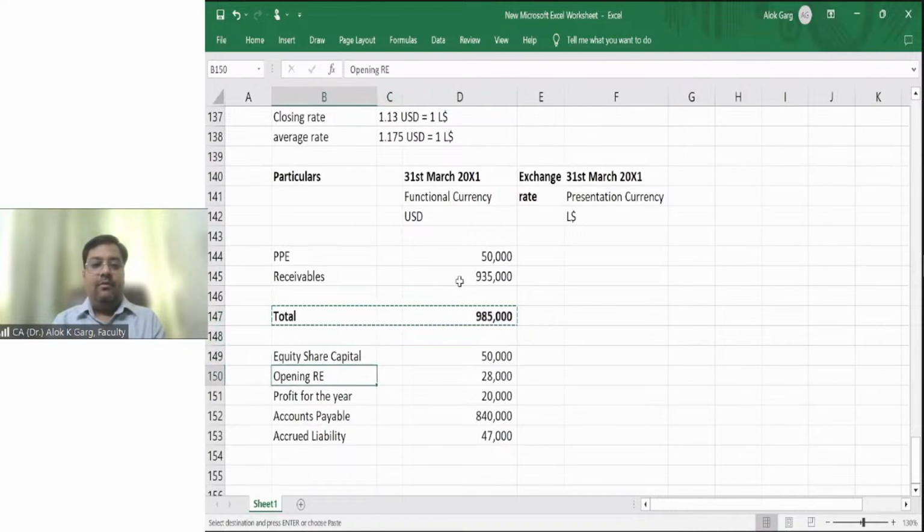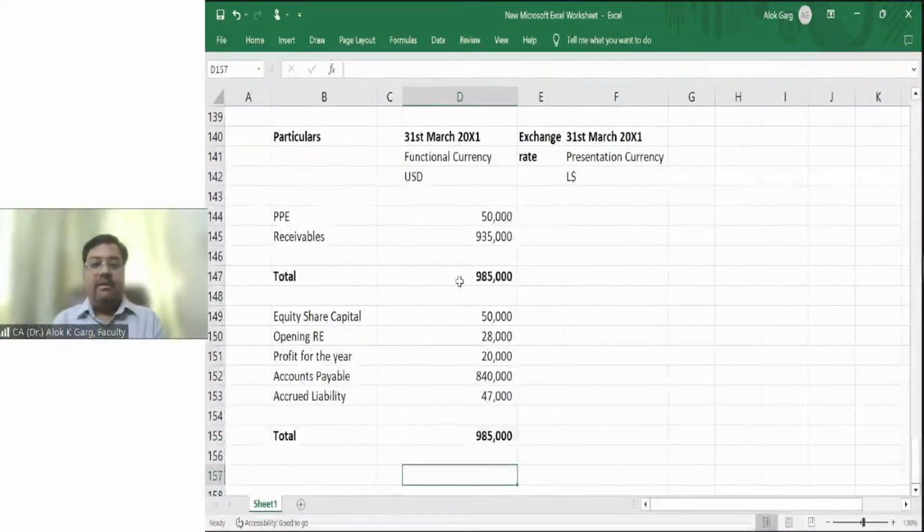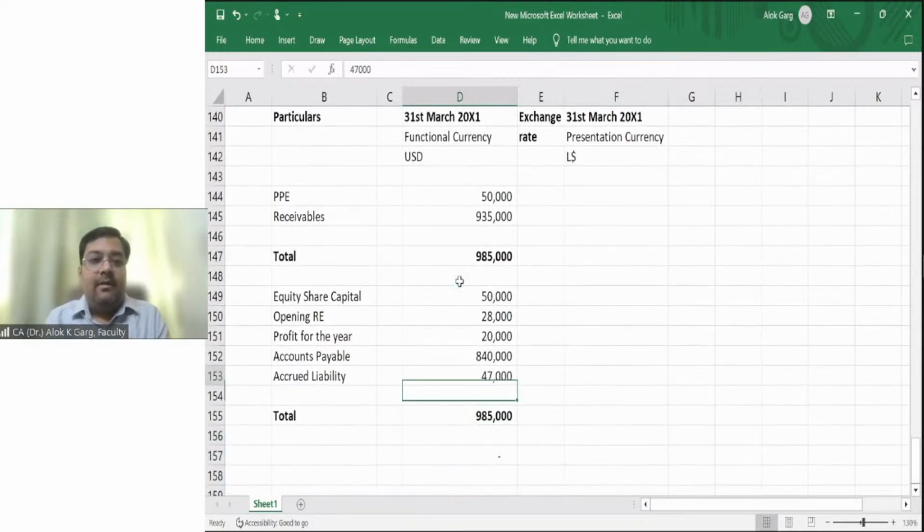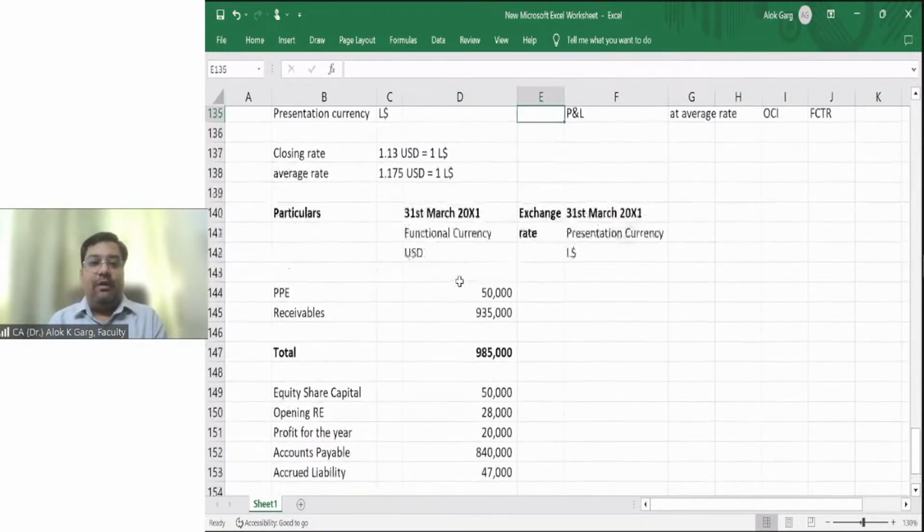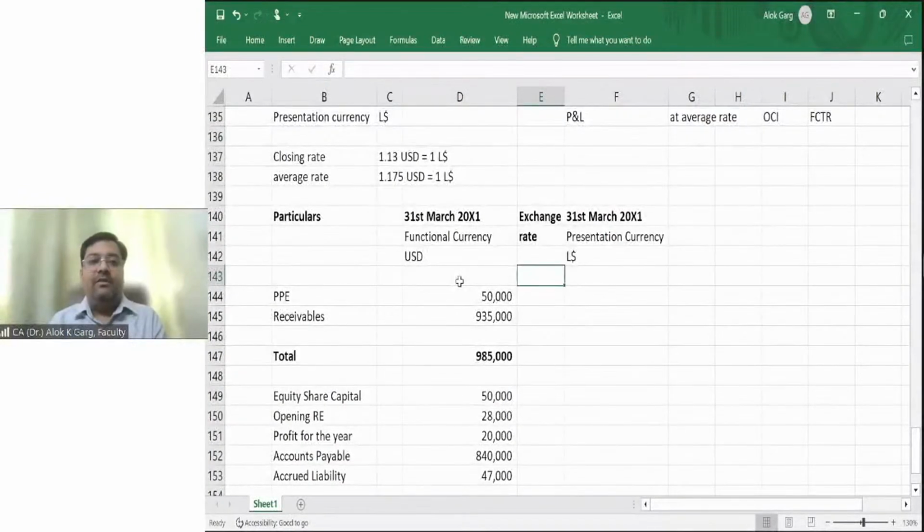Now I have given you the closing rate, and the number is matching, asset minus liability. Now this balance sheet has to be converted at the closing rate. What is the closing rate? 1.13 US dollar is equal to 1 L dollar. So PPE has to be converted at the closing rate 1.13.